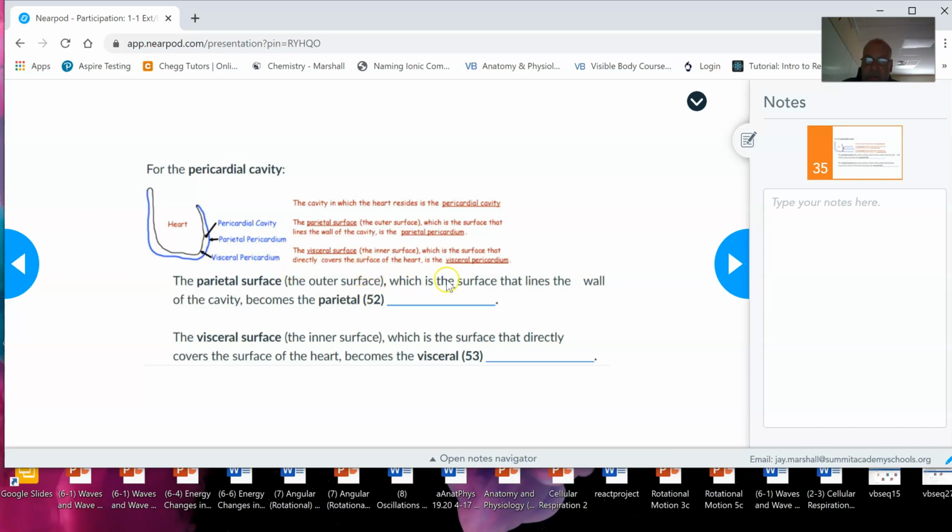So the parietal surface, which is the surface that lines the wall of the cavity, becomes the parietal pericardium. And the visceral surface, which is the surface that directly covers the surface of the heart, becomes the visceral pericardium.